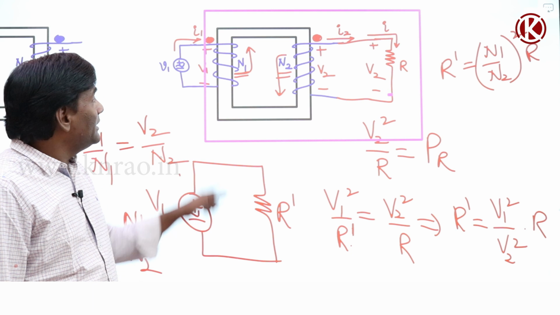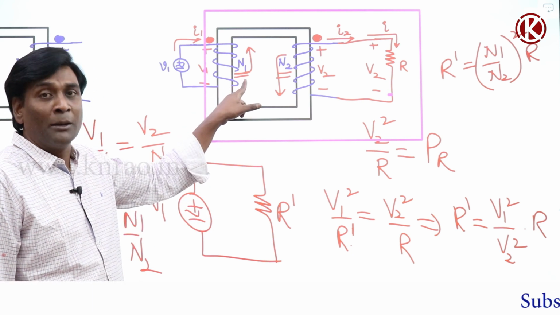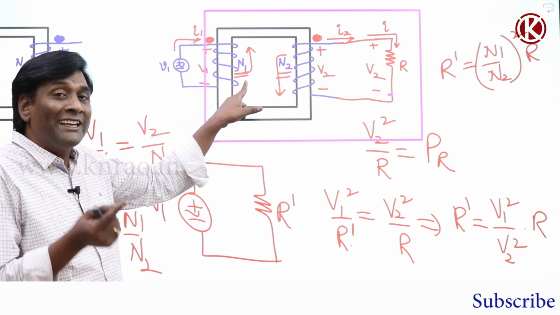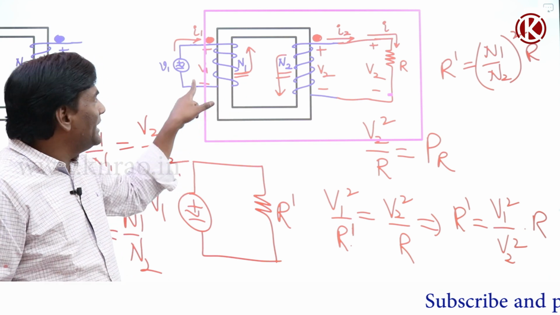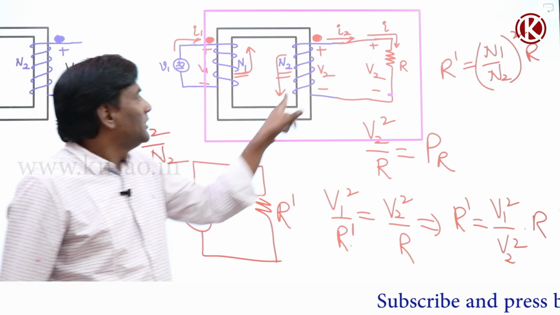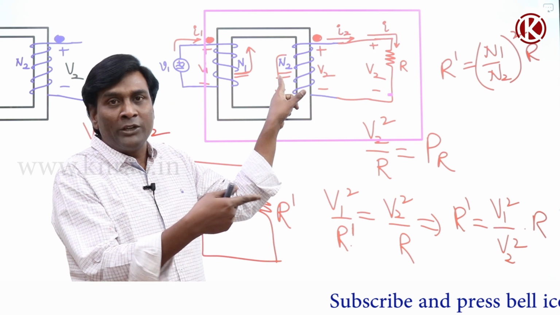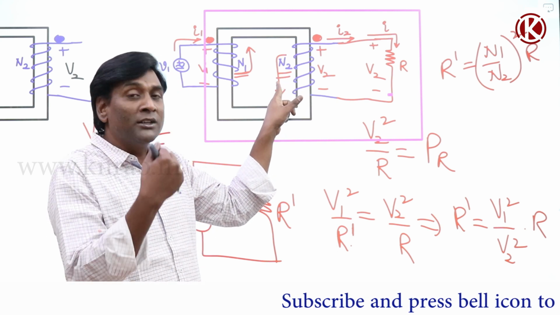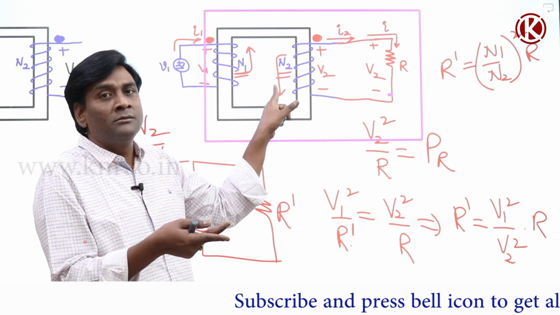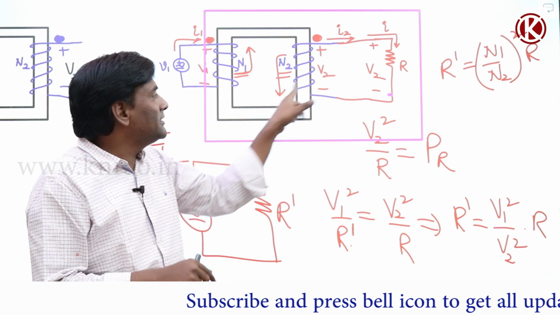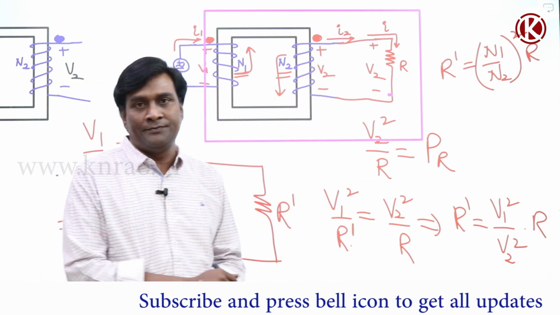Under that condition, N1 is more, number of turns are more, voltage per turn is same, meaning that V1 should be more. N2 is less compared to N1, number of turns are less, so voltage per turn is same, so voltage will be less.